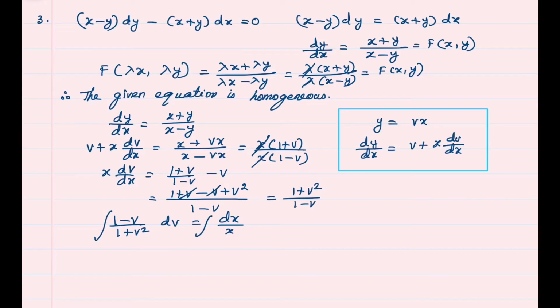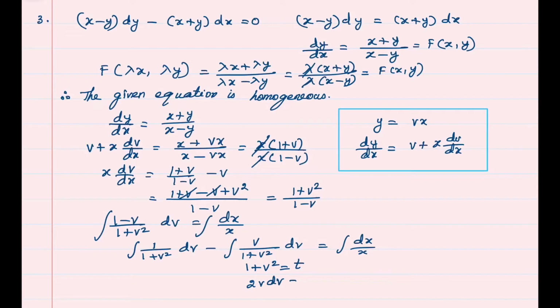Now, the left hand side is a linear function divided by a quadratic function, and there is no v term in the denominator. So, directly we will split this into two functions: integral 1 divided by (1 plus v square) dv minus integral v divided by (1 plus v square) dv equal to integral dx divided by x. Now, to integrate the second one, we will substitute the denominator as t. 2v dv is dt.